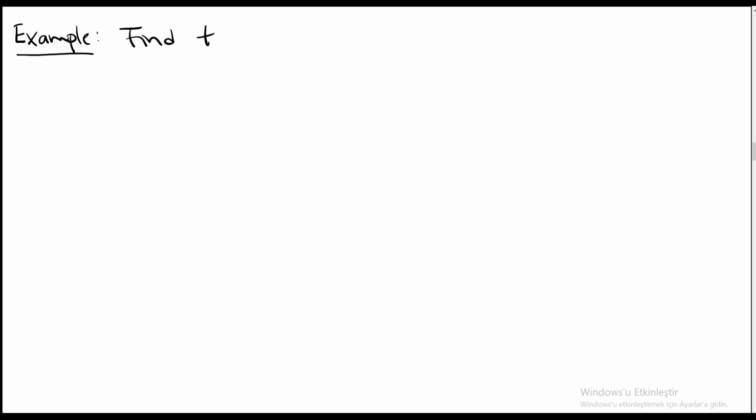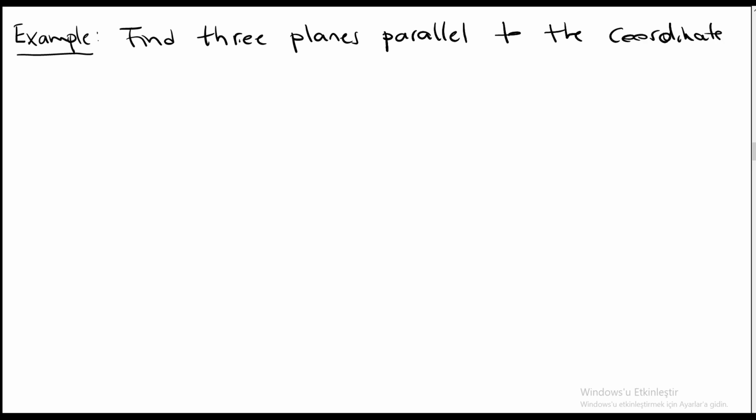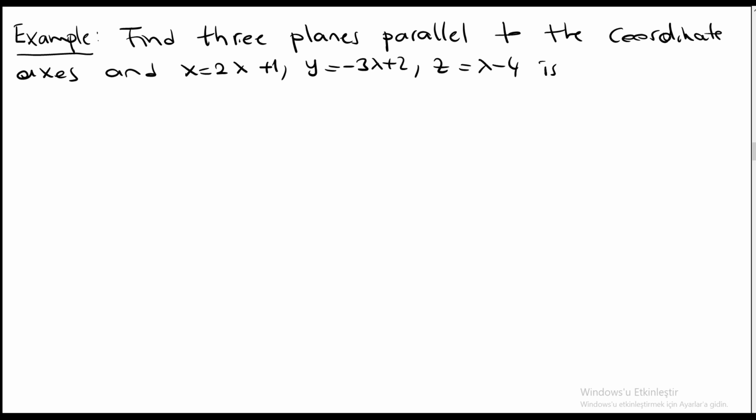Find 3 planes parallel to the coordinate axis, where the line x equals 2 times lambda plus 1, y equals negative 3 times lambda plus 2, and z equals lambda minus 4 is lying on these planes.